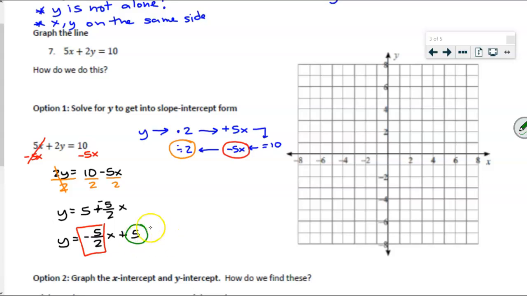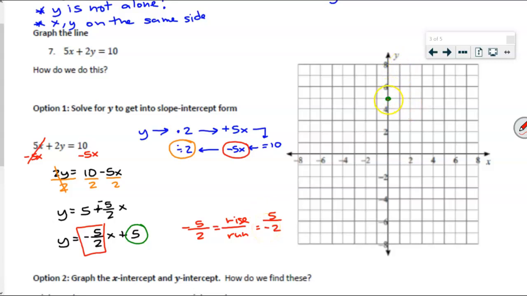Let's graph that now. We know that the y-intercept is 5, plotting that point at 5 on the y-axis. And from there, I need to use this slope. A slope of -5/2 means I can have a rise of -5 and a run of 2, or I can have a rise of 5 and a run of -2.